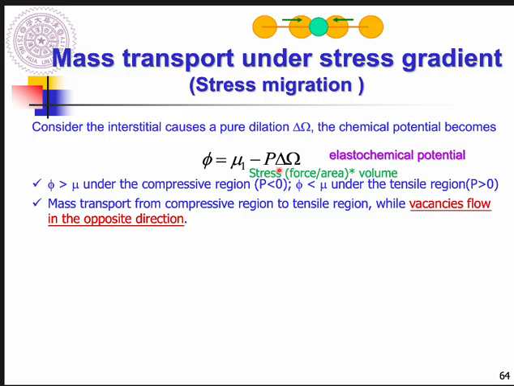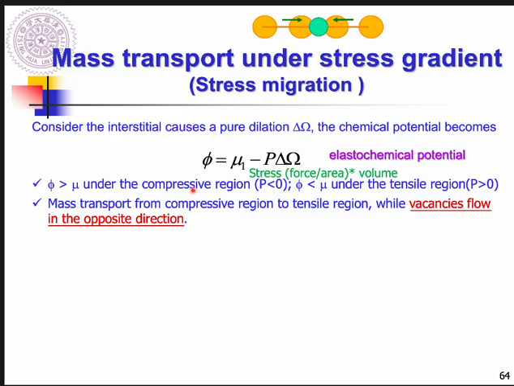But on the contrary, the tensile region is the other case, right? The P you can consider as positive. So as long as the atoms are in the tensile region, they have a lower chemical potential compared to what it was. It turns out the atoms always move from the higher potential side toward the lower potential side.